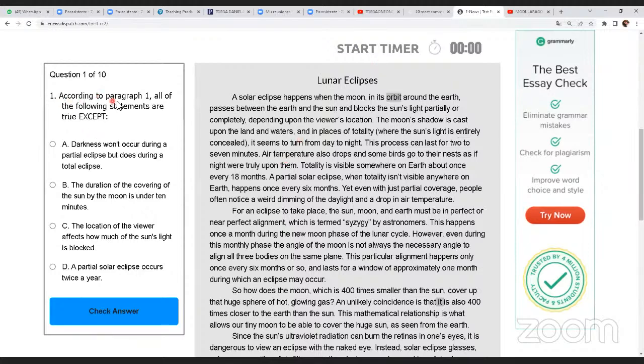So according to paragraph 1, oh, sorry, do you have any question about the vocabulary? What is dimming? In which part is it? In the last one. Yes, where dimming? Notice a weird dimming.